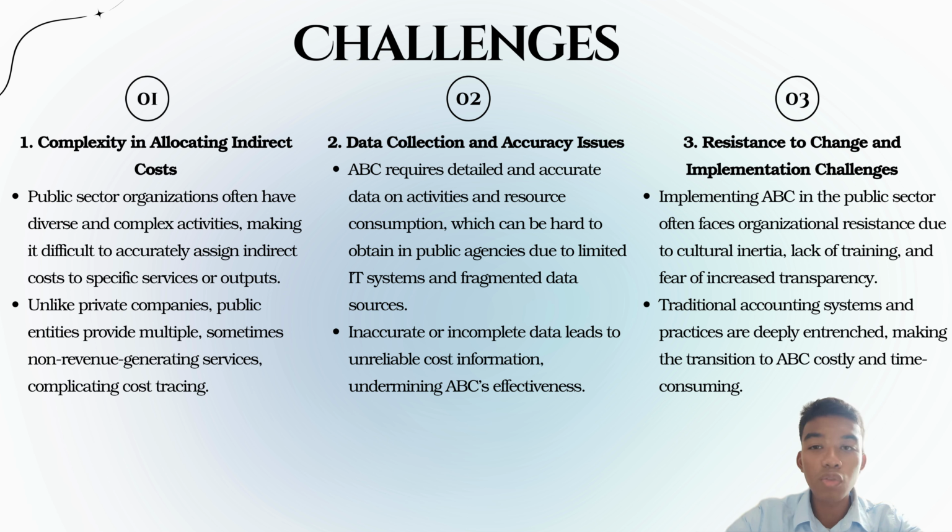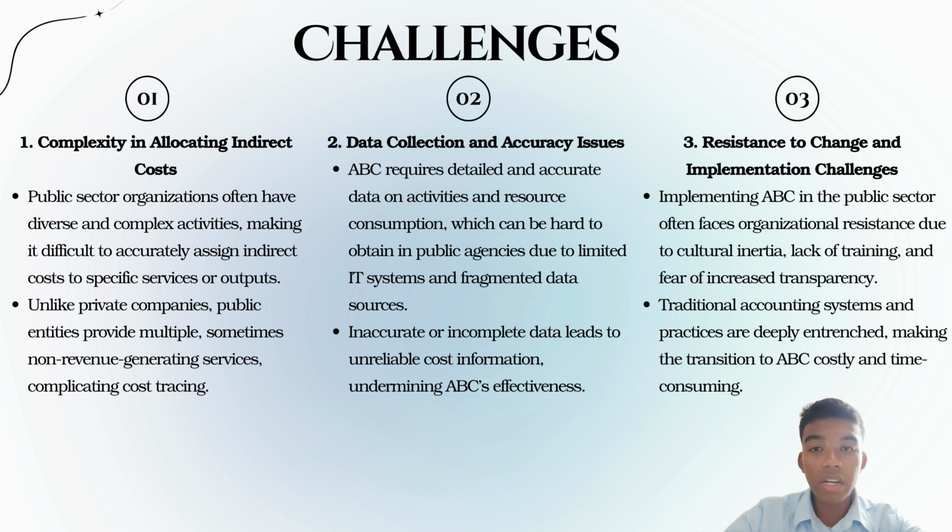This makes it hard to assign overhead or indirect costs like administrative support or facility maintenance to specific activities or programs. Unlike private companies that have clearer profit centers, public agencies must deal with multiple, sometimes overlapping services, which complicate cost tracing. This complexity can reduce the accuracy and usefulness of ABC data.